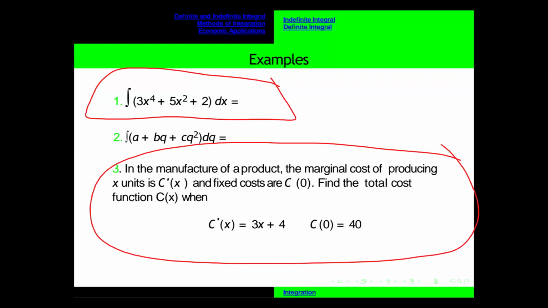It's nothing much. When you're given a marginal cost, you know how we find the marginal cost from what we learned previously? You differentiate the total cost function, isn't it? Yes. Then now, if you want the total cost, what do you do? You go back, reverse, integrate the marginal cost function. This plus this is fixed cost. So integrate this.